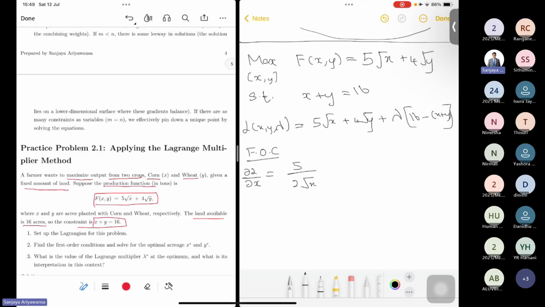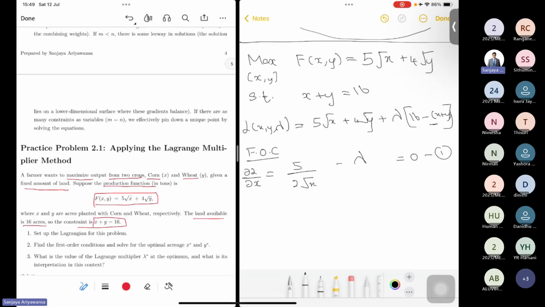The term 4 times root y is 0, so you don't differentiate it with respect to x. Plus lambda times minus 1, because you have minus x over here, and you set it equal to 0. Rather than writing lambda times minus 1, I'll write directly minus lambda equals 0.